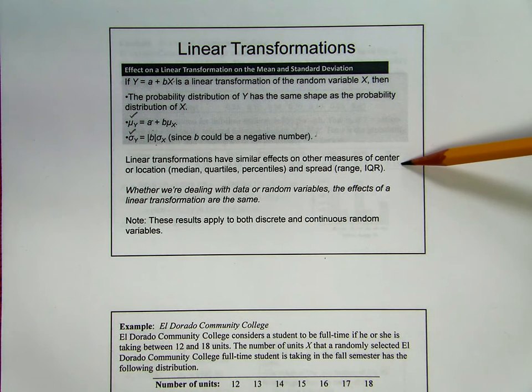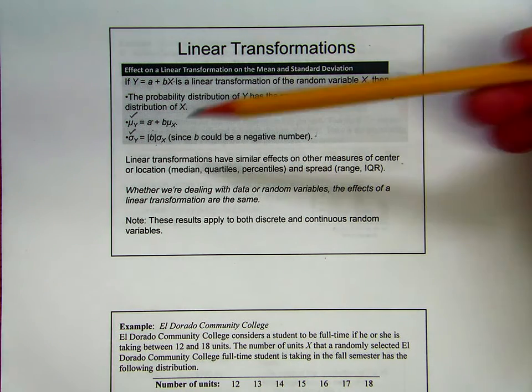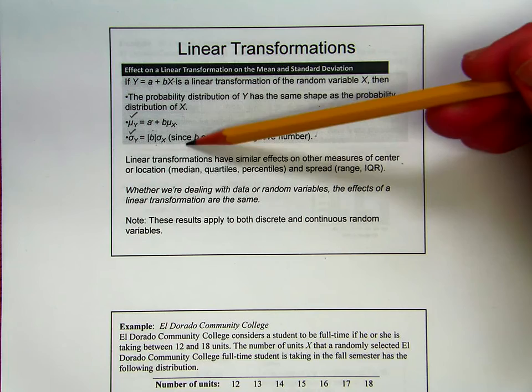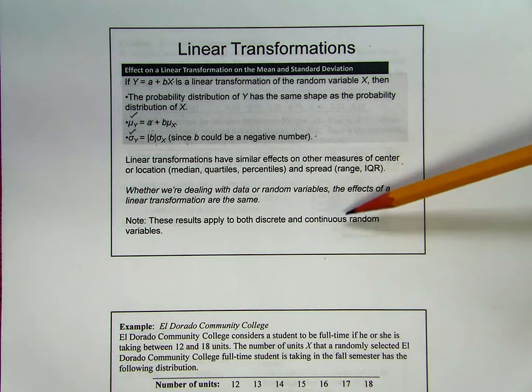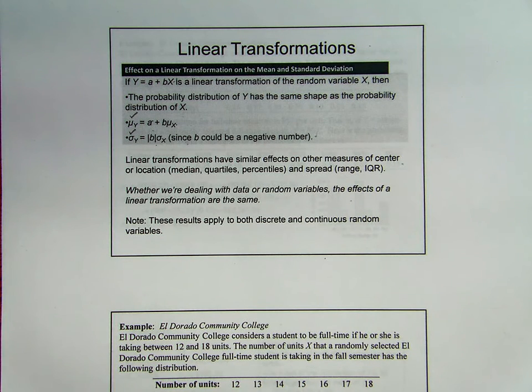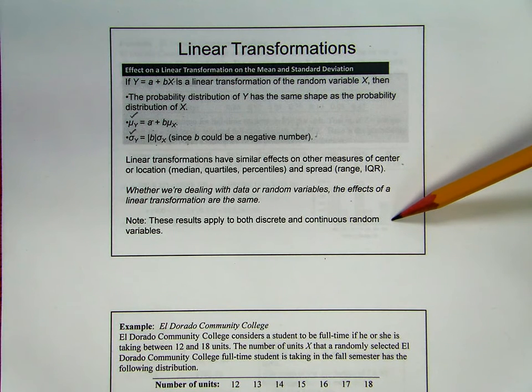Linear transformations have similar effects on other measures of center or location and spread. Again, we already talked about that in the previous slide. These are the ones that are most commonly addressed in AP questions. So whether we're dealing with data or random variables, the effect of the linear transformations are the same. And whether it's a discrete or a continuous random variable, the effects are the same. And we did some examples yesterday of each of those types.